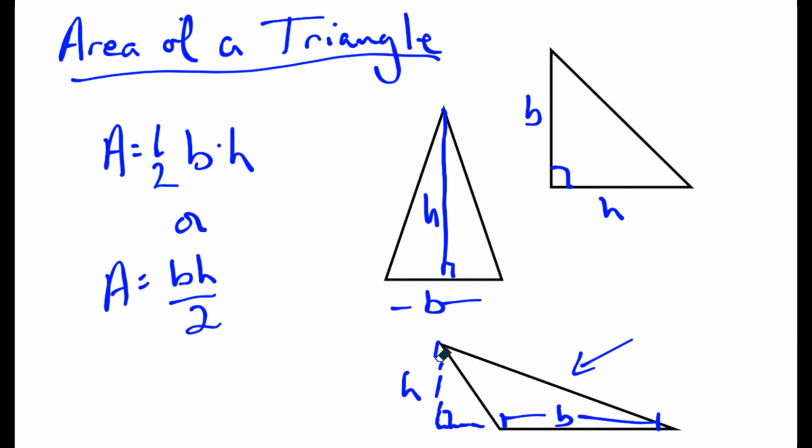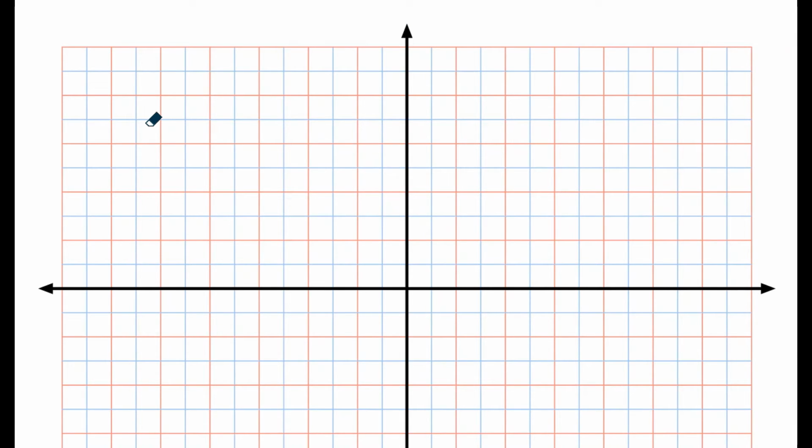Sometimes they are separated when the height is on the outside of the triangle, but they are still perpendicular to each other. Now let's take a look at why this is true.